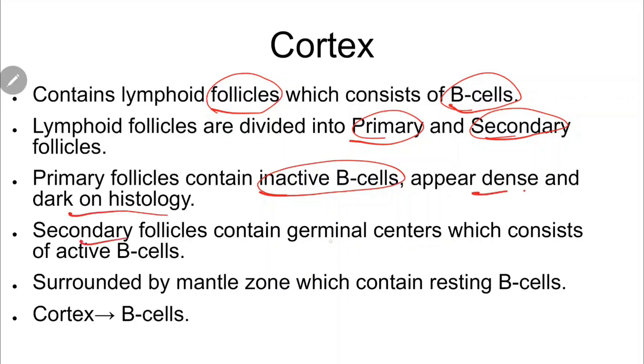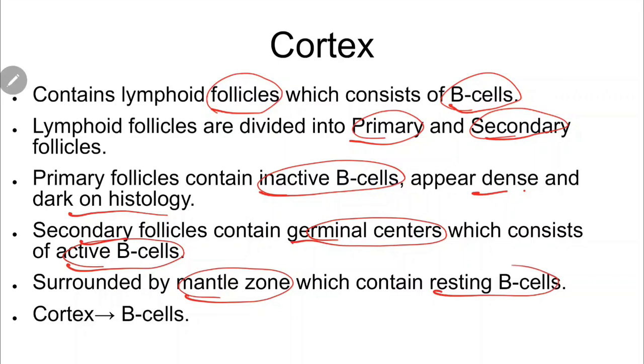While your secondary follicles contain your germinal centers, which consist of active B cells that are undergoing various immune responses, and because of that, it appears pale on histology. Your secondary follicles are surrounded by a mantle zone, which contains your resting B cells. All in all, the important point that I want you to take away from this slide is that whenever you hear cortex, I want you to think about the B cells.